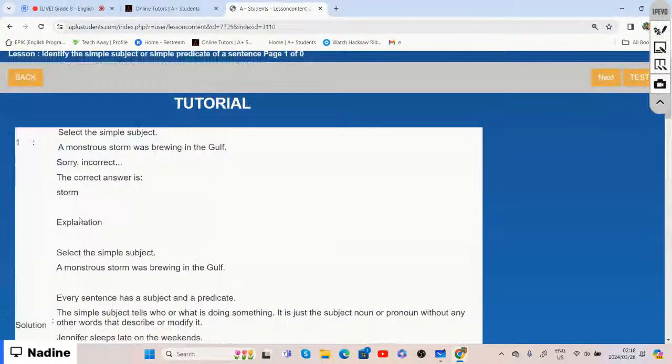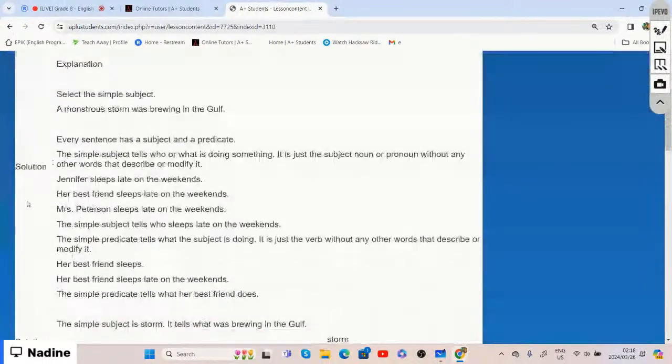And we see the simple subject tells us who or what is doing something. And it is just the subject, noun, or pronoun without any other words that describe or modify it. And then we also have the simple predicate, which tells us what the subject is doing. And it is just the verb without any other words that describe or modify it.